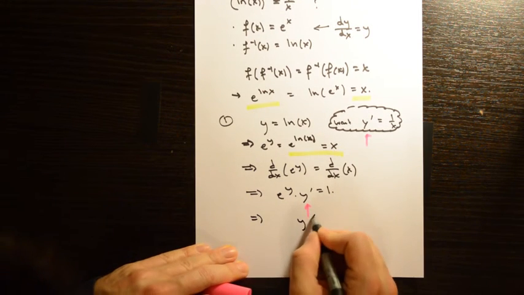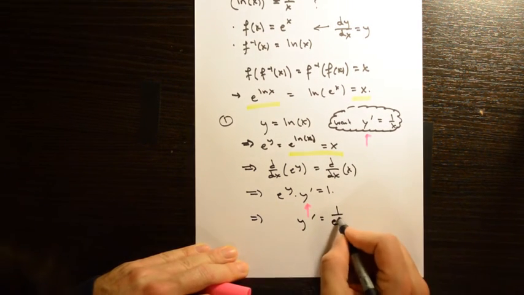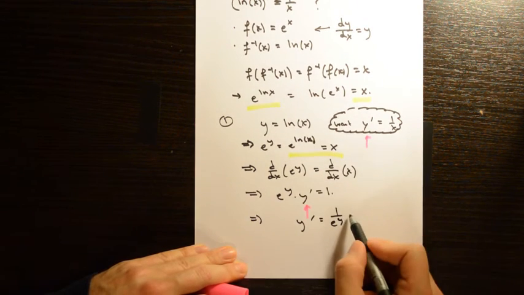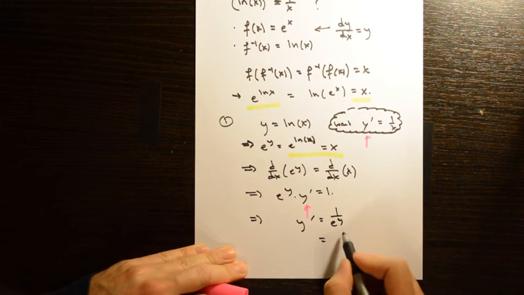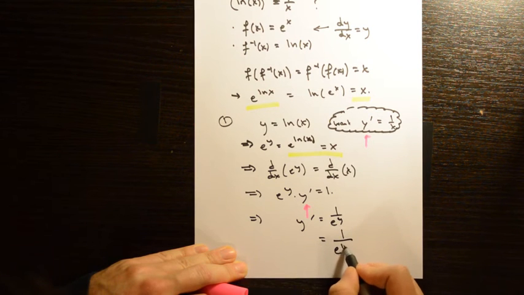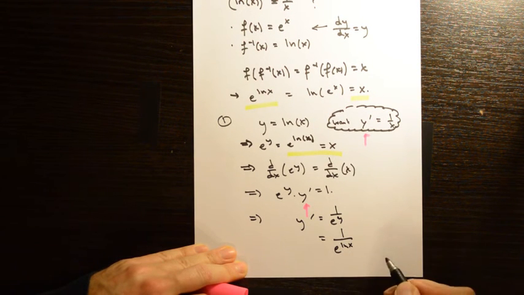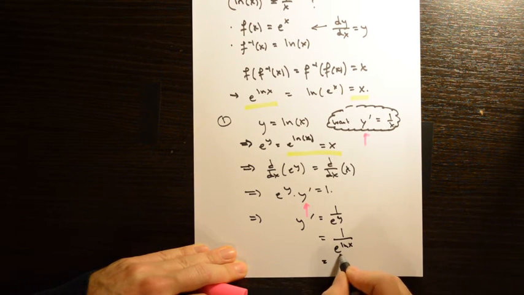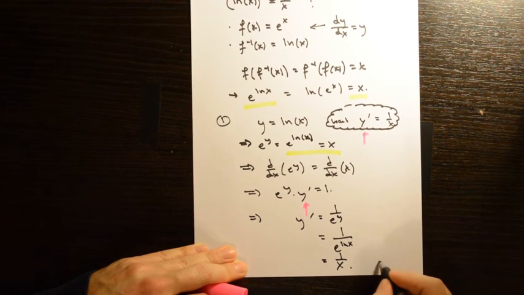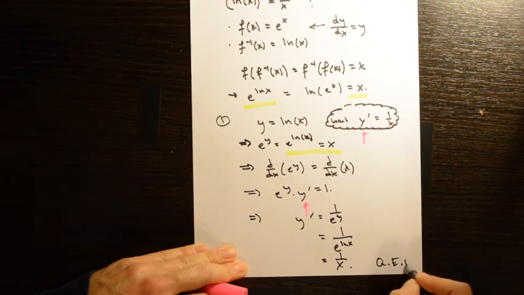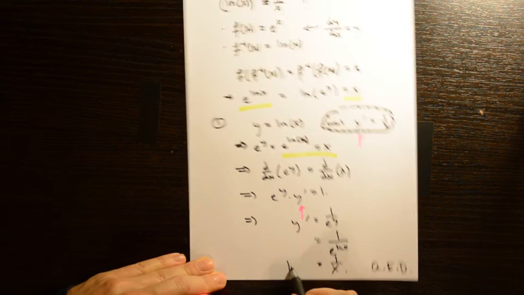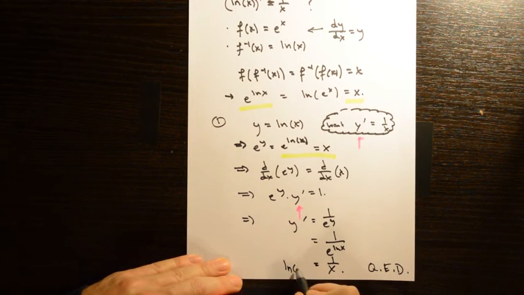This implies that y prime is equal to 1 over e to the y. Notice that y is equal to the natural log of x, so this then is 1 over e to the natural log of x. e to the ln of x is equal to x, so this is 1 over x, and that is our proof. Quod erat demonstrandum. So we have found a basic derivation of this formula.